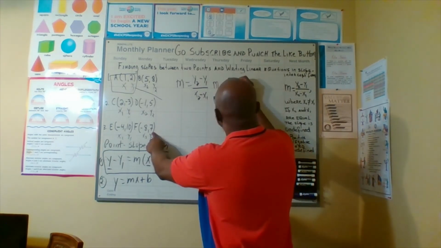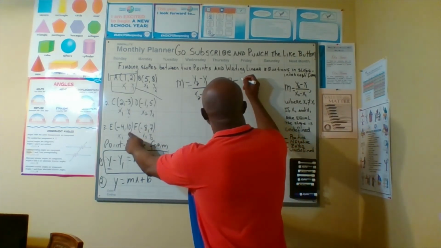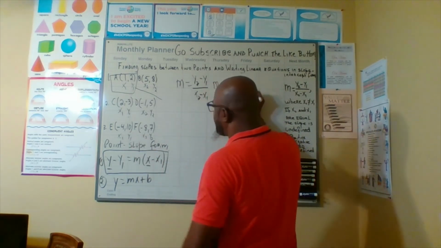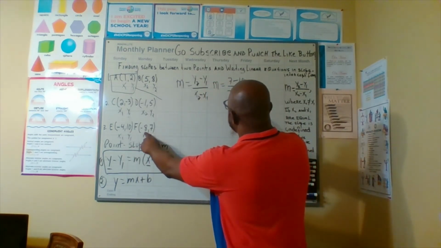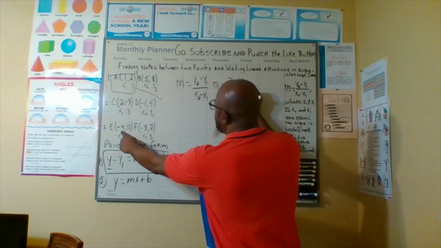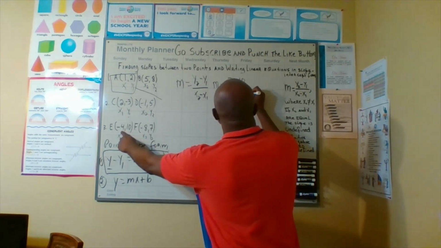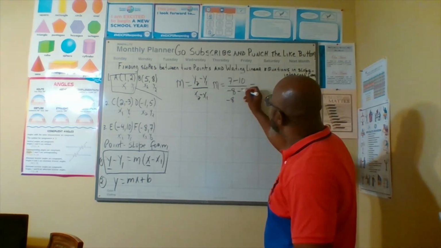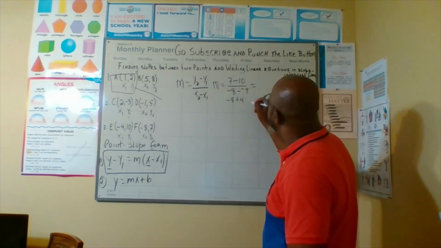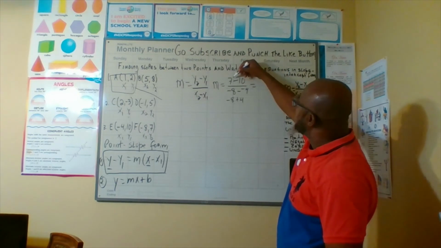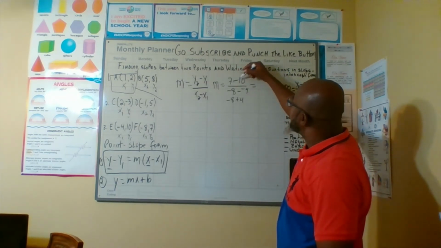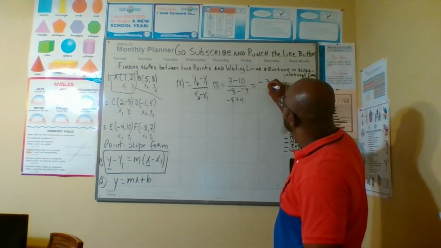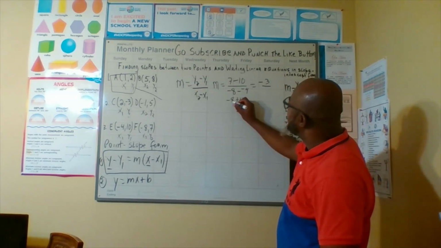And this is going to become negative 8 plus 4. You have two negatives, it's going to become positive. Now you have 7 minus 10 is negative 3. Negative 8 plus 4 is negative 4. Now, when you divide two negatives, it becomes positive. Your slope is 3 over 4. That's your slope.